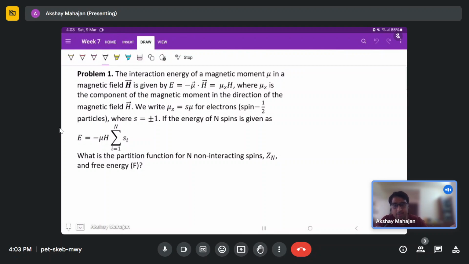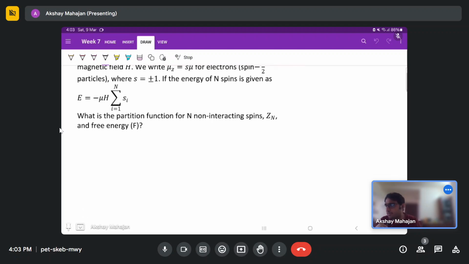Then we have to find the partition function and the free energy for these non-interacting n spins.